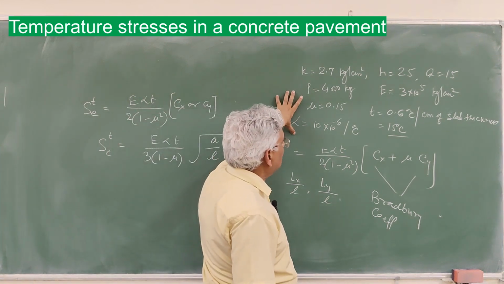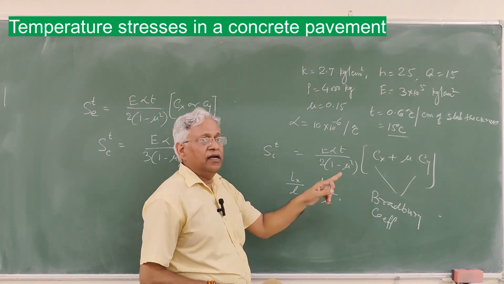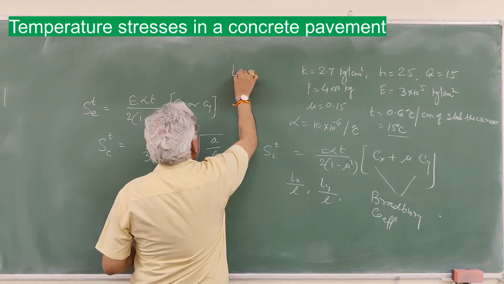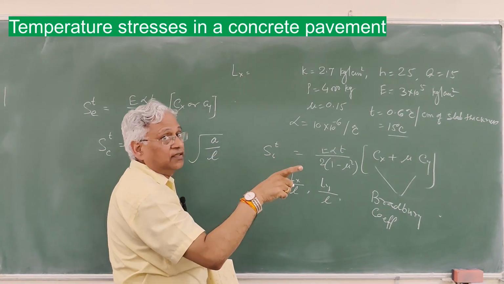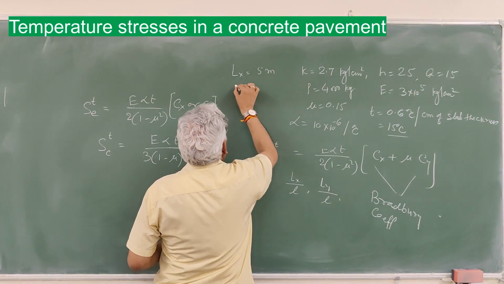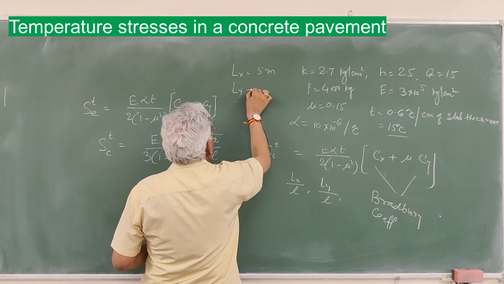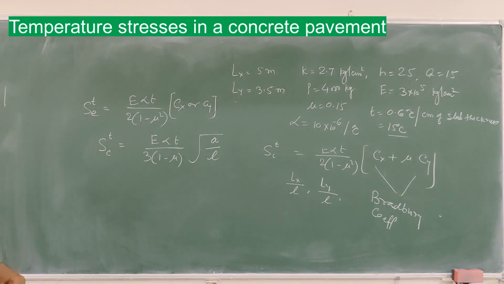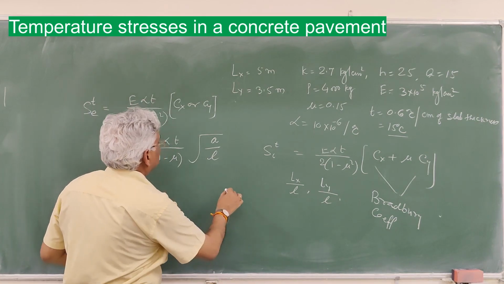In addition to these parameters, you need Lx and Ly. Let us say the size of the slab in X direction, that is your contraction joints, expansion joint, is 5 meter, and in Y direction it is equal to lane width, 3.5 meter. Now you calculate what L is first.